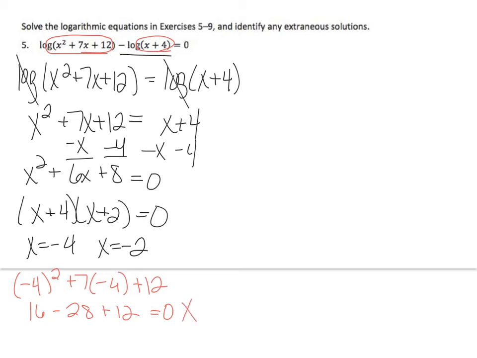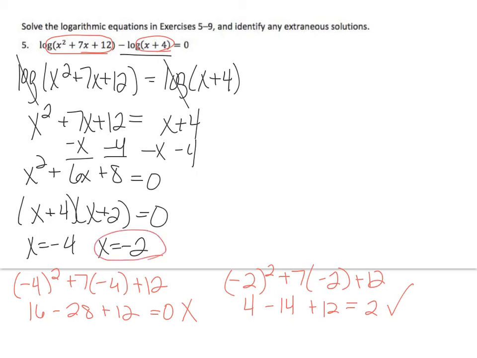So that doesn't work. Now let's try negative 2. Negative 2 squared is 4 minus 14, which is negative 10, plus 12 is 2. So that is our only answer. Cool?